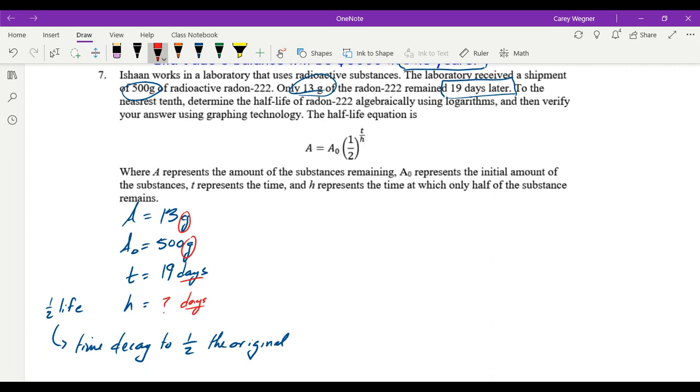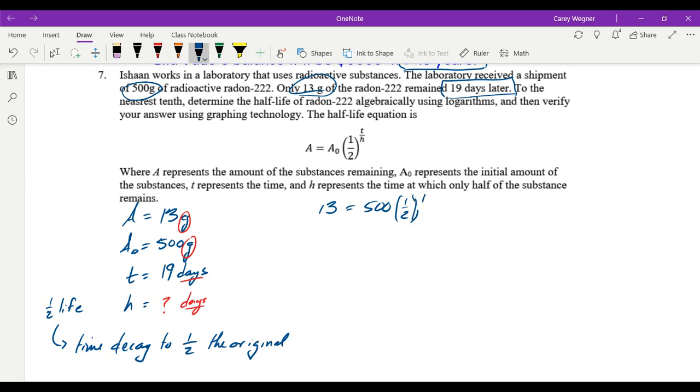So we want to solve for what the half-life is. So let's set up our equation. Our future amount, 13 grams, is equal to our initial, 5,000, times a half to the exponent 19 over h. That 19 is a little bit hard to read. Let me just rewrite that.